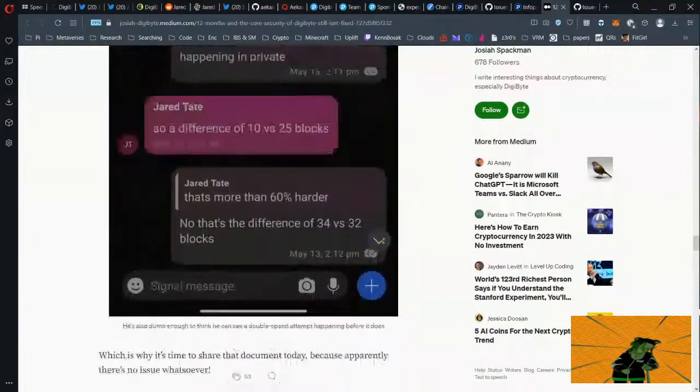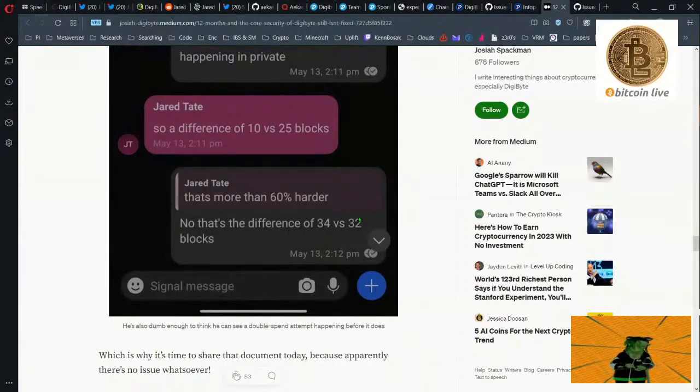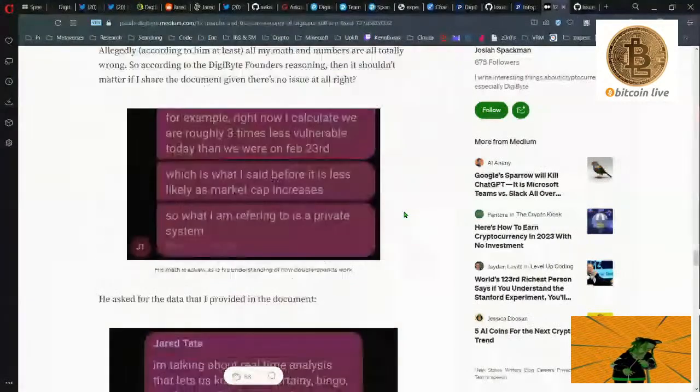And the guy's like, no, it's 34 versus 32. That is a difference of 2 blocks, but it's not the 2 blocks where it becomes less vulnerable. It's 34 to 32 blocks later. That's a huge difference. Sure, it's still only seconds or whatever, but it's still a huge difference.